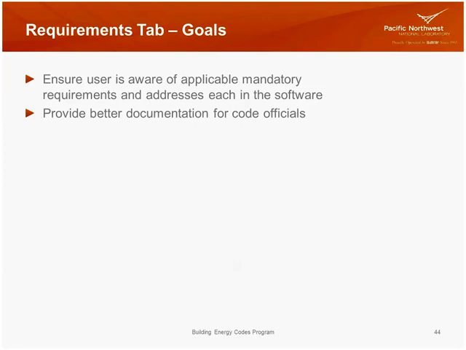The requirements tab will come into play regardless of whether you're doing envelope, lighting, or both, but you want to ensure that all these mandatory requirements are going to be met. For example, if I have a slab on grade and I'm doing slab edge insulation, one of those mandatory provisions by code is that slab insulation must be installed per manufacturer installation specifications. And you will confirm that provision within the requirements tab.